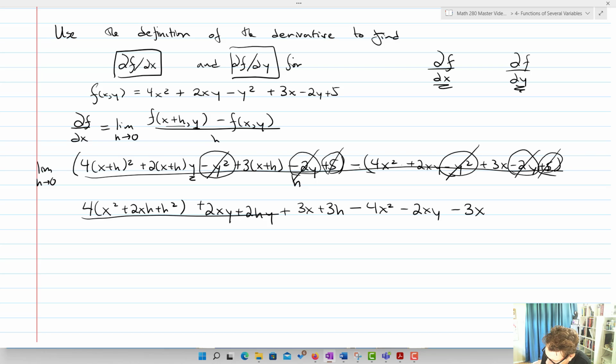We're going to take that divided by h, and we'll take the limit as h approaches 0. Okay? So now, you've seen this before, and you've probably done this so many times. The 4x squareds are going to cancel. My 2xy is going to cancel as well, right? Anything that doesn't have an h goes away.